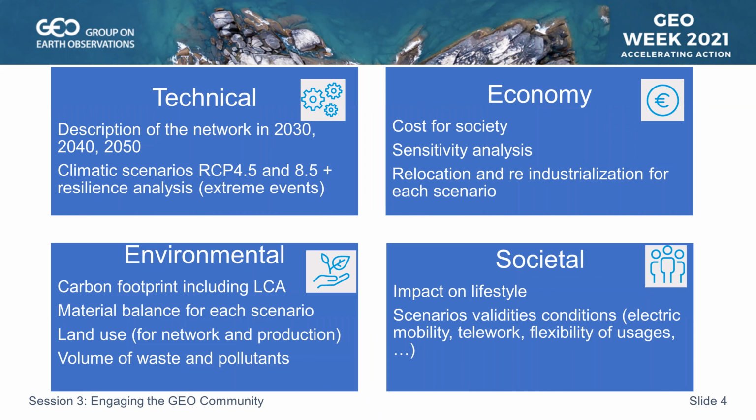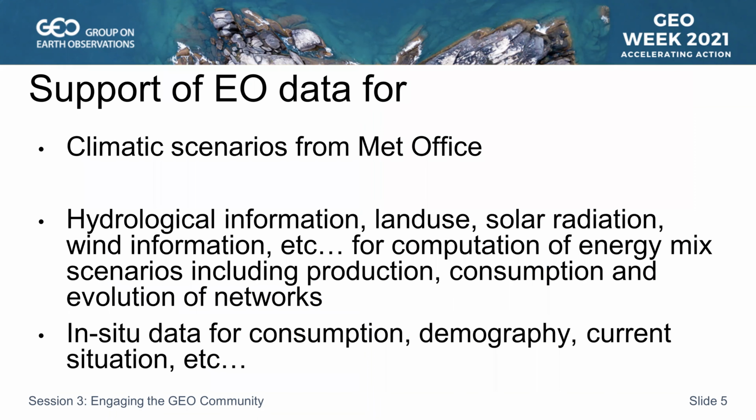In this science policy interface question, the support of EO data is central because of the need of climatic scenarios that came out from the national meteorological office, but also from hydrological information, land use, solar radiation, wind information, etc. for all computation of energy mix scenarios.